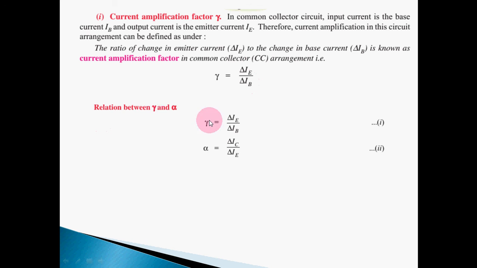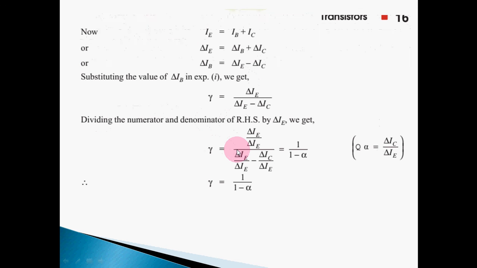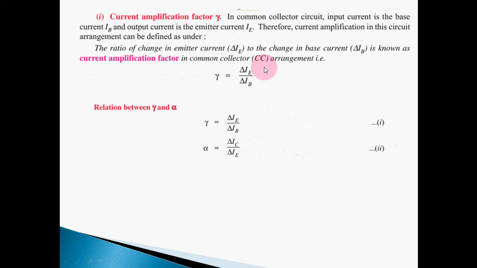And what is the relation between gamma and alpha? Gamma equals IE by IB, and alpha equals IC by IE. As we know, IE equals IB plus IC. Similarly, IB equals IE minus IC. Now substitute the value of IB in equation 1.